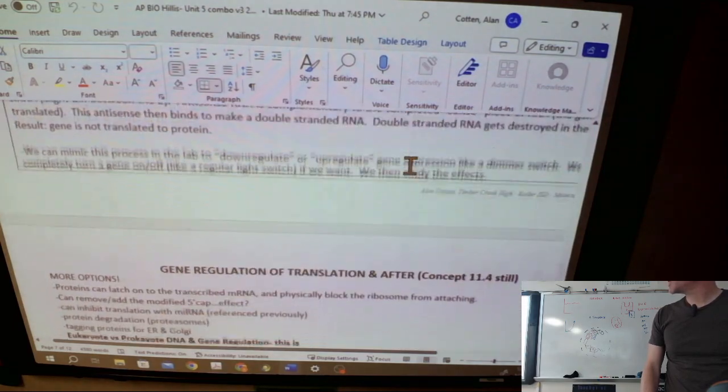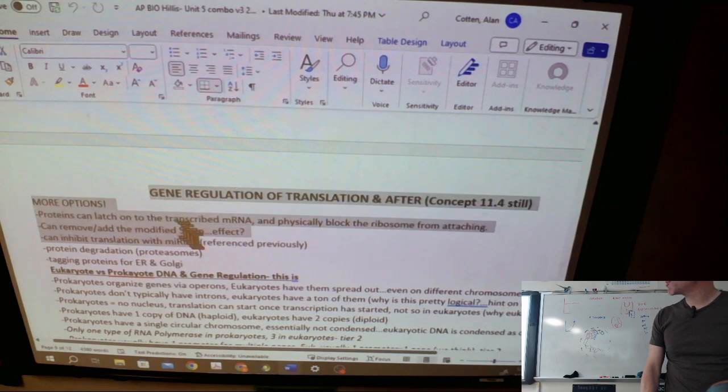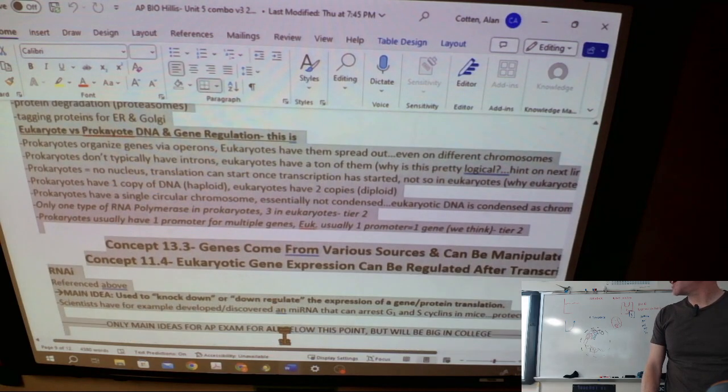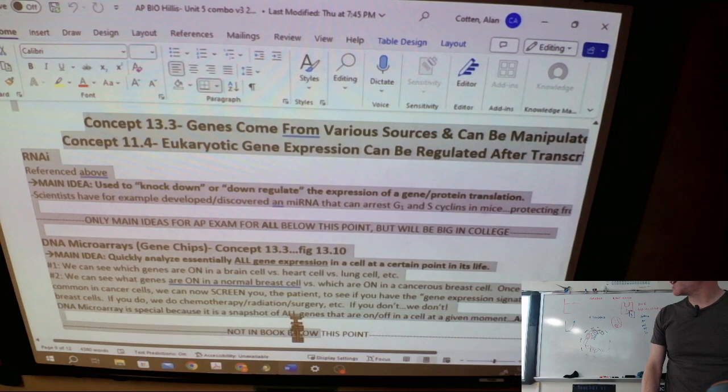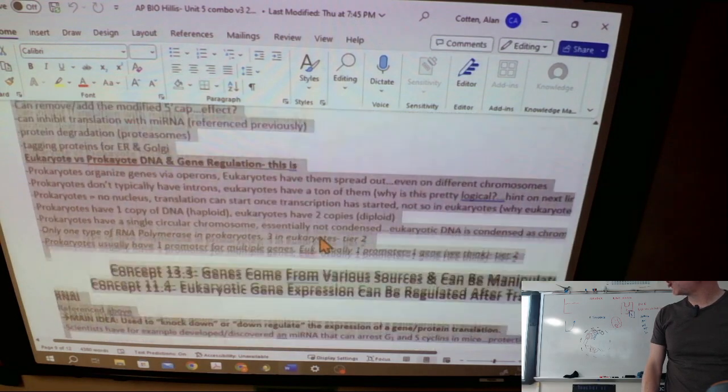And then when I get to the last page, you can skip all the last page. So all this gene text stuff, where it says gene regulation of translation and after, and they talk about RNAi and microarrays and stuff that's not even in the book, CRISPR, you can skip that whole page.